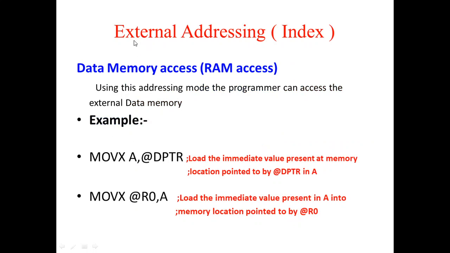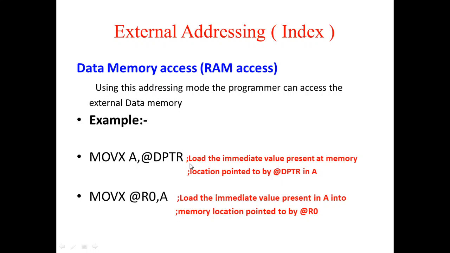Then next is regarding external data memory. Now we want to access external data memory, means we want to take the data from the external data memory, and for that we are using the instruction MOVX. MOVC is related to code memory and MOVX is related to data memory.